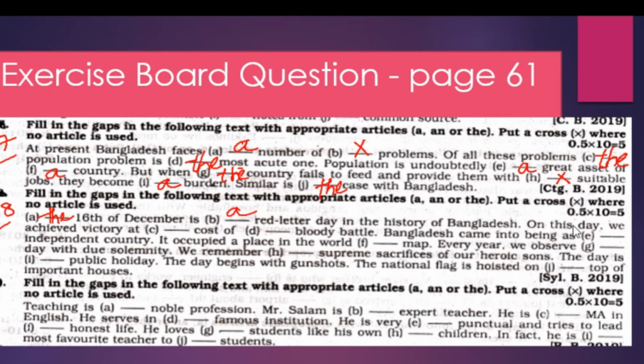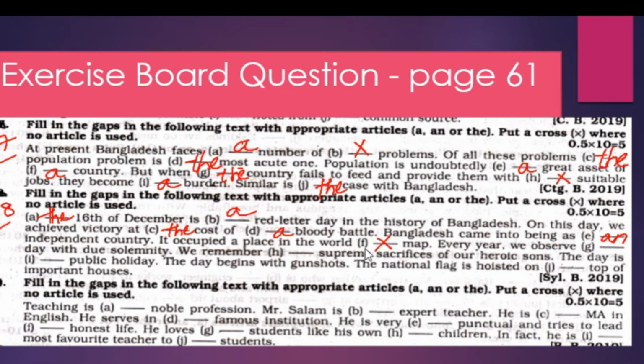On this day, we achieved victory at the cost of a bloody battle. Bangladesh came into being as an independent country, vowel sound, an independent country. It occupied a place in the world map.